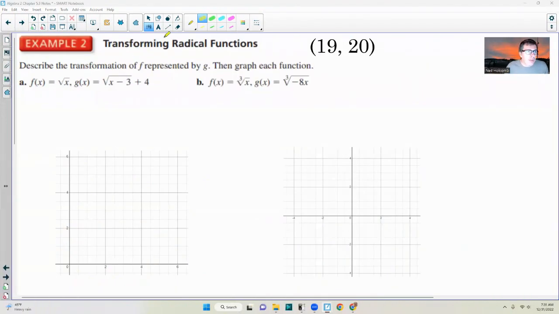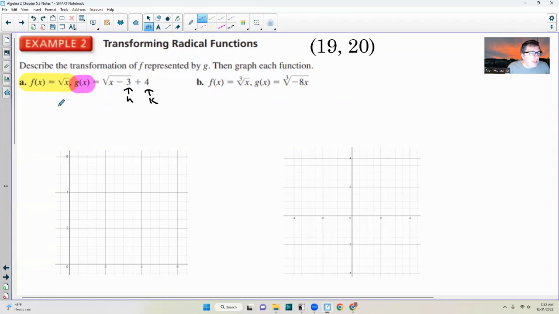Okay, example 2 is transforming radical functions. It says to describe the transformation of f represented by g, then graph each function. So here is the parent function, f of x equals the square root of x. Now we have g of x equals. What's happened here? It says to describe the transformation. So this is h, and this is k.